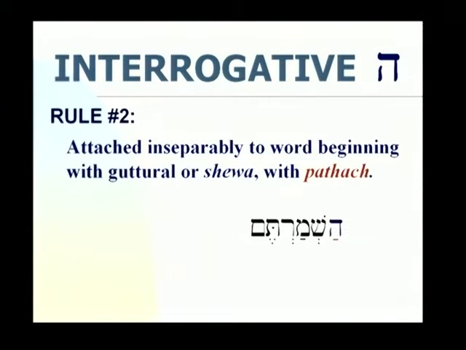And so this becomes a patach, and the second schwa becomes silent. All right? And it takes the same vowel as was in the hatef patach. Notice there is no dagesh in the shin. If there was a dagesh in the shin, this would be the definite article rather than the interrogative.